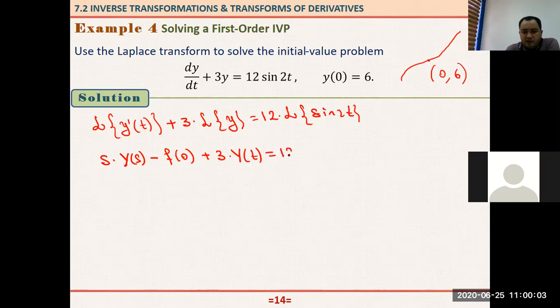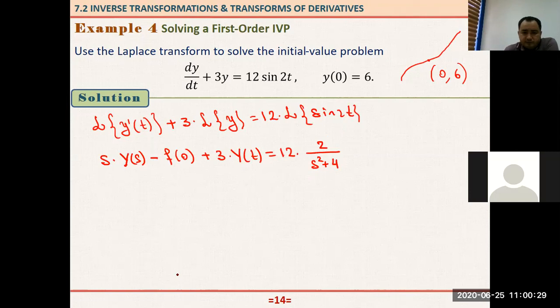That's equal to 12 times, and we know how to evaluate the Laplace transform of sine of 2t. It is k over s squared plus k squared, where k is 2, so 2 over s squared plus 4.